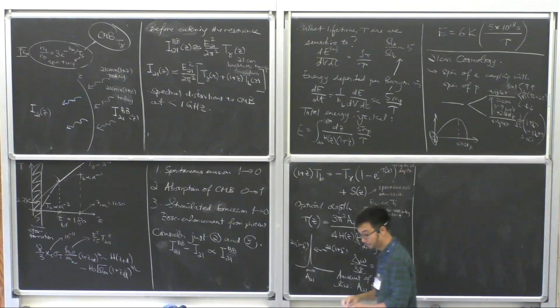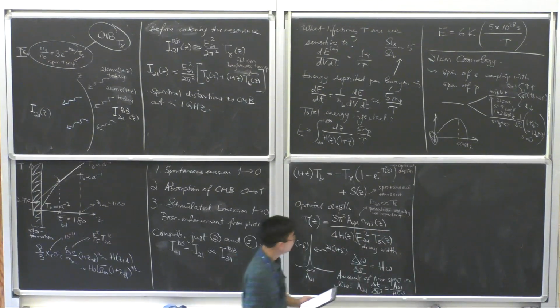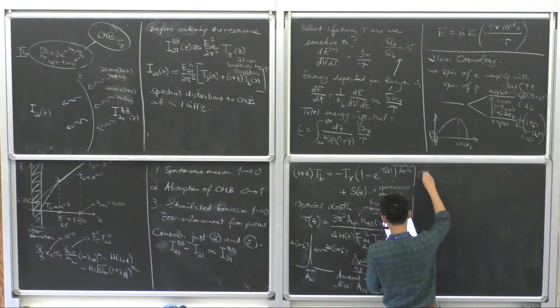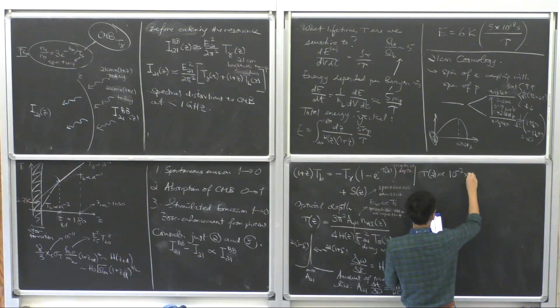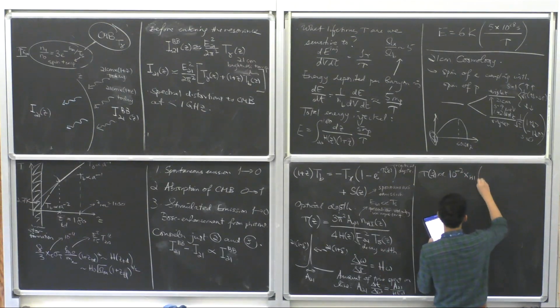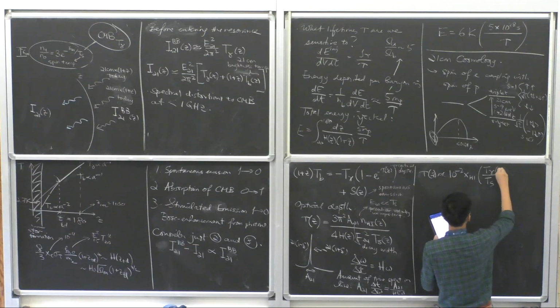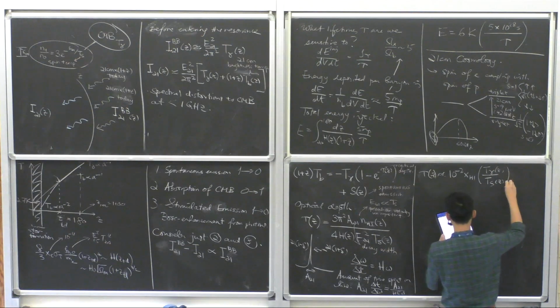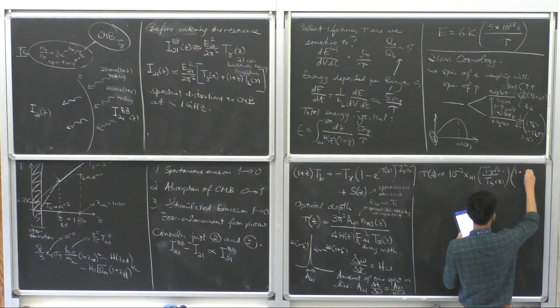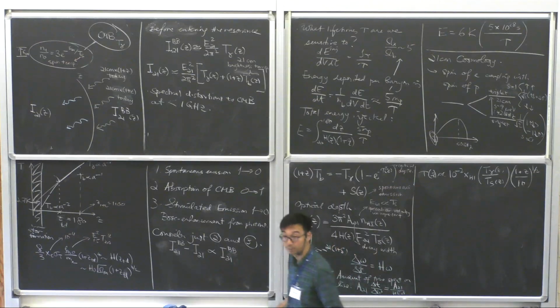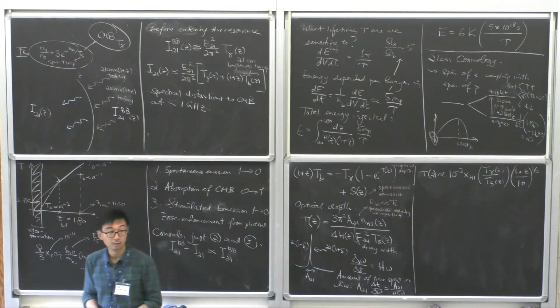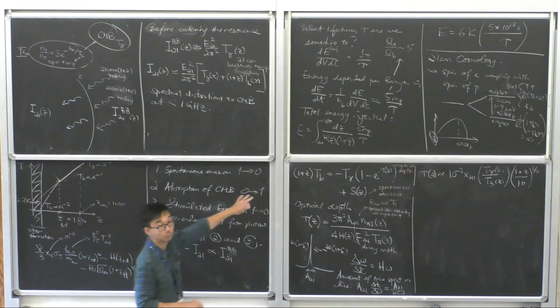It's given by something like that, okay? And then there's a bunch of dependencies on omega b and omega m, which I'm not writing down. Okay, so the optical depth is always very small.